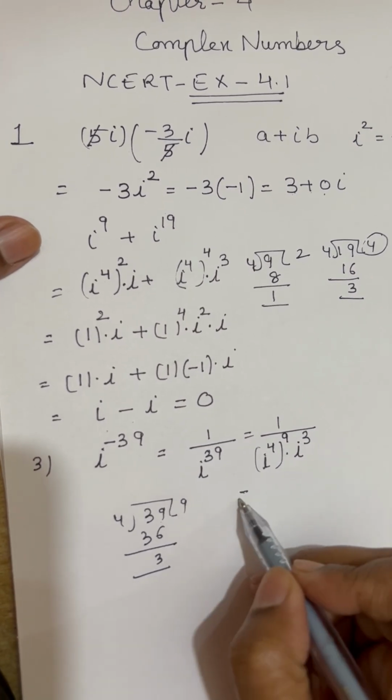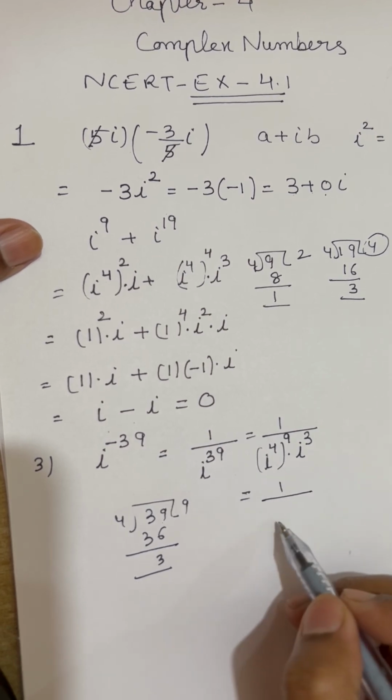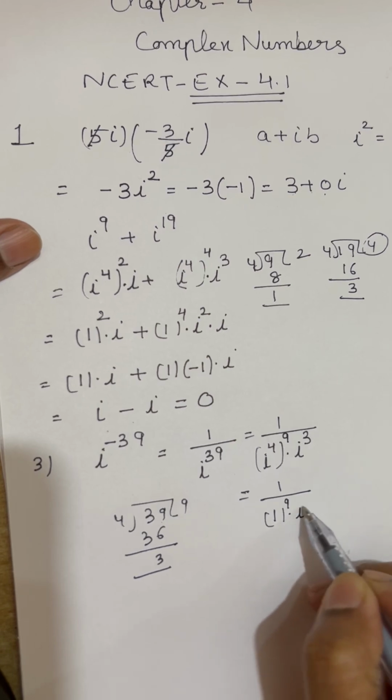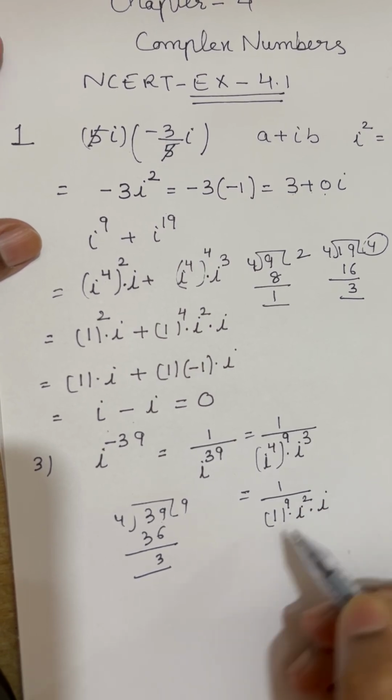क्यूब. सो दिस विल बी iota 4 is 1, 1 raised to the power 9 into iota cube को लिखेंगे iota square into iota.